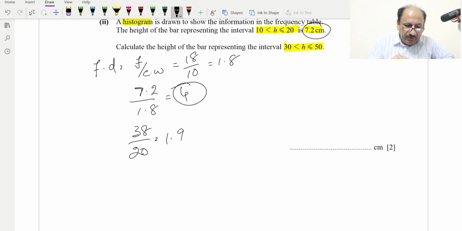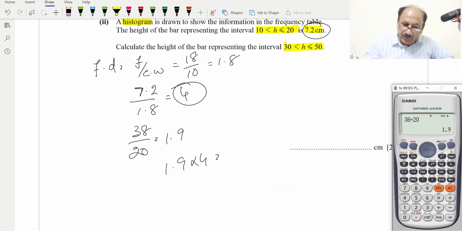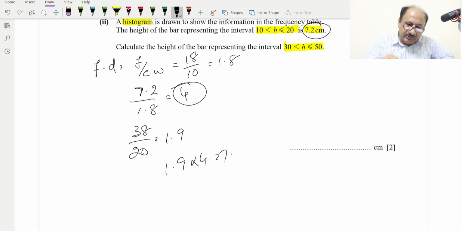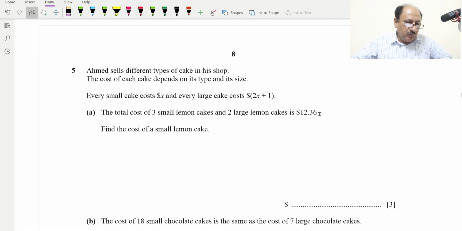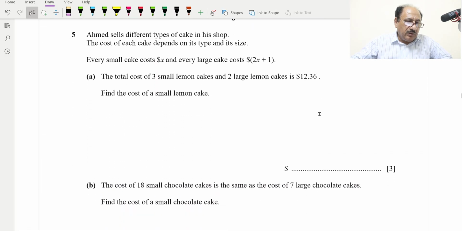We multiply 1.9 by the multiplier 4, so 1.9 into 4 is equal to 7.6, and our answer will be 7.6. This will be the height of the bar. Hopefully you understood this.